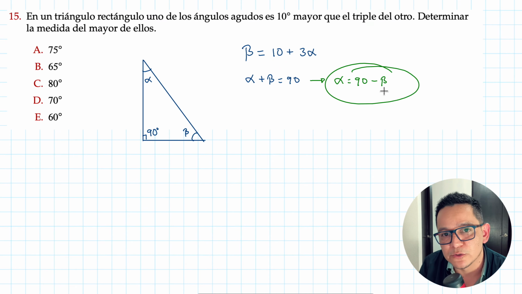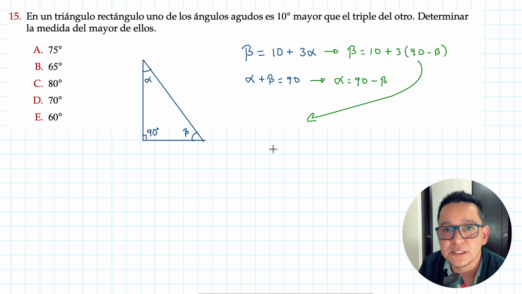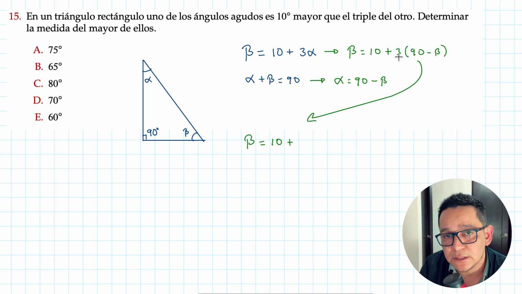I can substitute this now, right? So, here we get that beta equals 10 plus 3 times alpha, but alpha is 90 minus beta. There we go, right? Let me continue down here. Sorry for making such a mess, but I just want to optimize the space. So I have that beta equals what? Well, 10 plus 3 times 90, so that would be 3 times 9, 27.